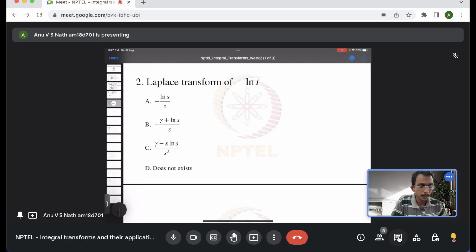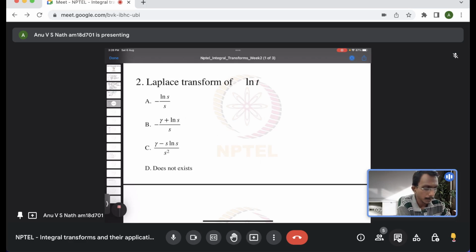Okay, good. So find the Laplace transform of the function log t. This is basically the natural logarithm, the log with base e, and the function variable is t. You need to find its Laplace transform in the s variable. You can try for a minute, and then I will start.